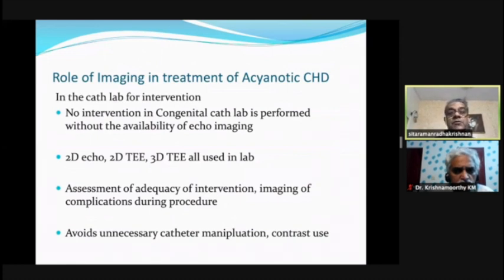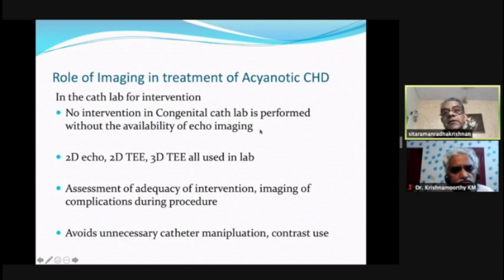Imaging has a role to play in two areas in pediatric practice. One is in the cath lab for intervention. In our own cardiac catheterization lab, no intervention in congenital cath lab is performed without the availability of echo imaging.